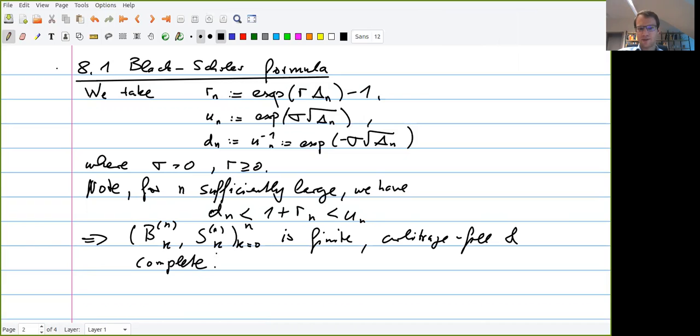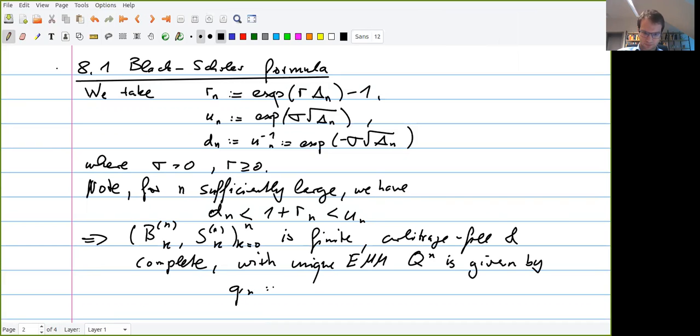Cool. And we even want the unique equivalent martingale measure Q. Q depends on which model we have. Qn is given by the following.